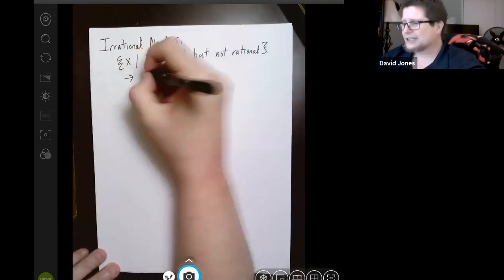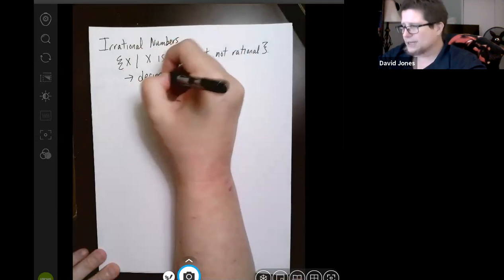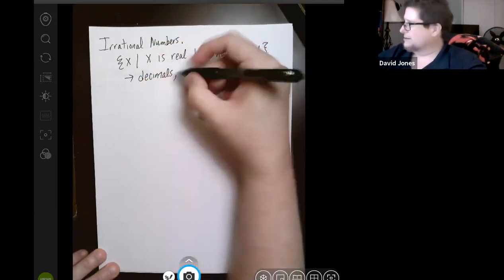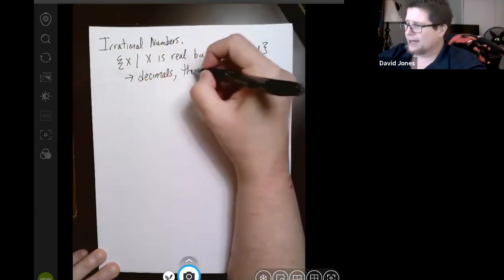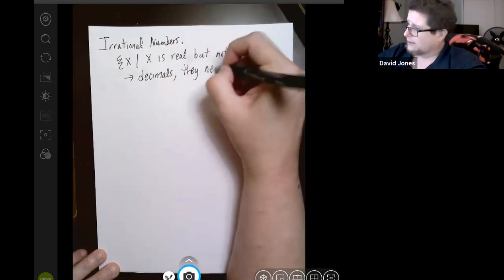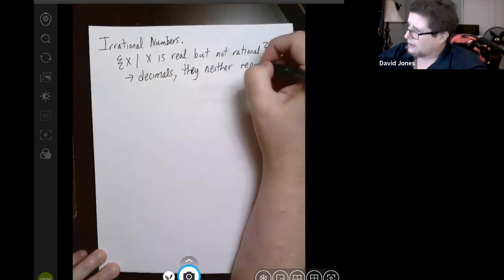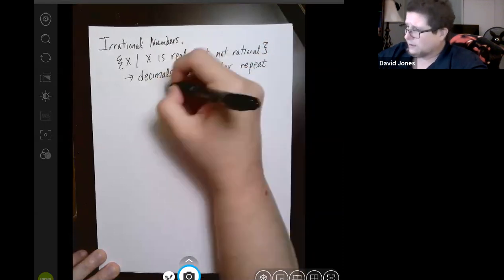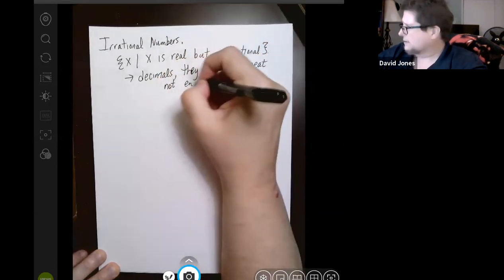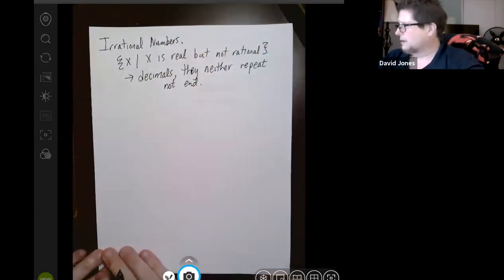This has decimals in it, but they neither repeat nor end.